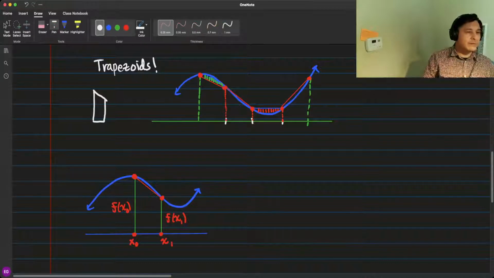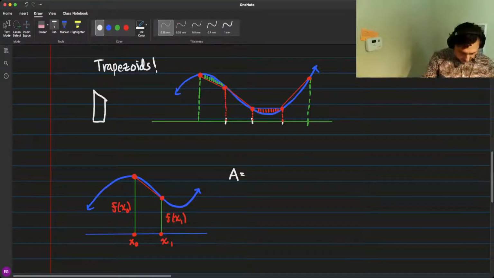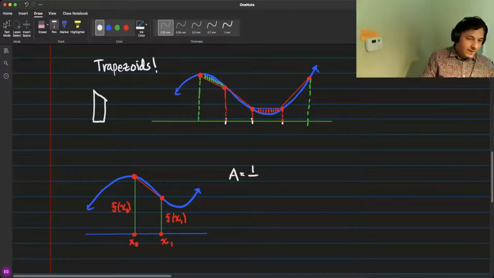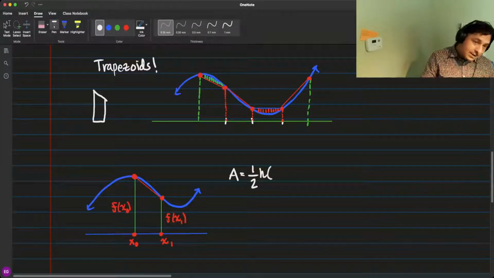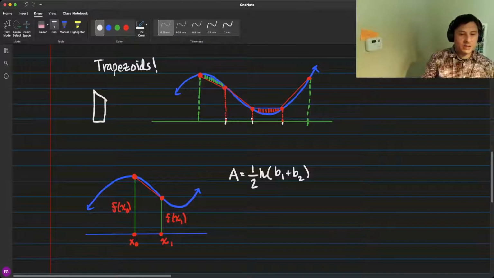Okay, now if you remember, the area of a trapezoid is 1/2 of the height times base 1 plus base 2. Now usually the way we draw trapezoids looks like this.